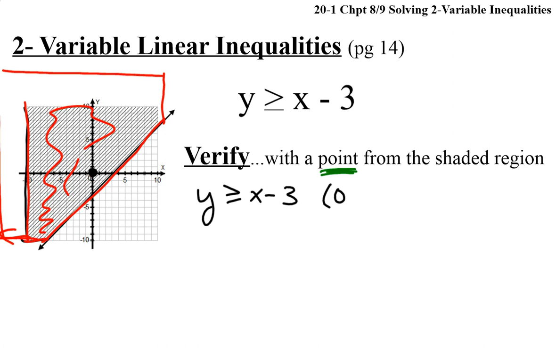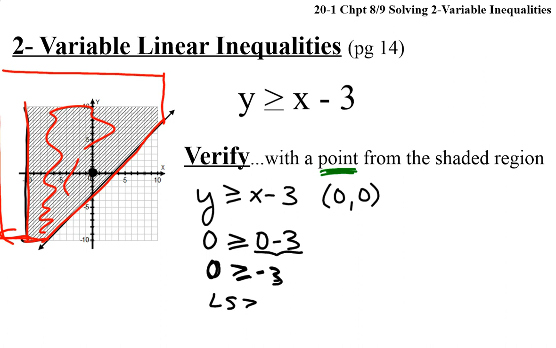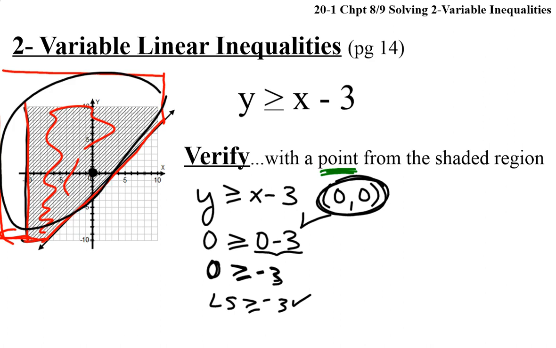We think 0, 0 is a solution, so we can substitute in and check. If y is 0, it should be greater than or equal to x, which is 0 minus 3. Solve the left side, solve the right side. Is 0 greater than or equal to negative 3? It is. So 0, 0 is a solution, which it should be because it's within the shaded region.